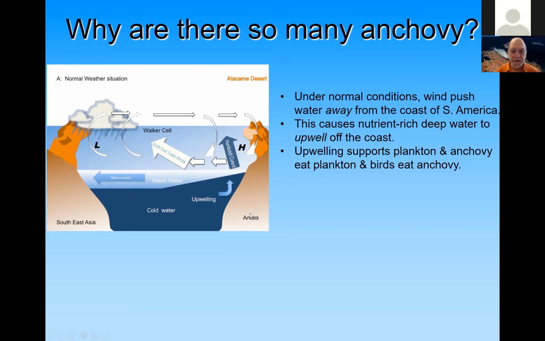And the upwelling is generated by coastal winds, and the coastal winds deflect water offshore. And the water that's deflected offshore is replaced by upwelling water from depth. That upwelling water is rich in nutrients, and those nutrients support abundant primary production, primary consumption, and secondary consumers such as anchovy. Okay? And this is the normal weather condition.